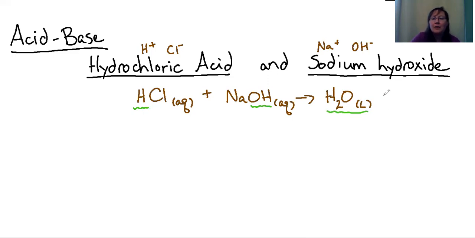And then whatever is left over is going to be the salt or the ionic compound that's left from the acid and base ions. And in this case, that is just NaCl, and we know that sodium chloride is aqueous from our solubility rules. So this is very standard because we just have one proton and one hydroxide, and they balance evenly.